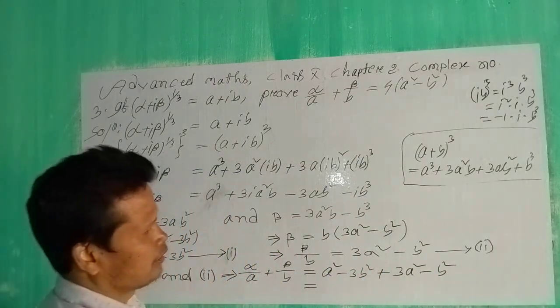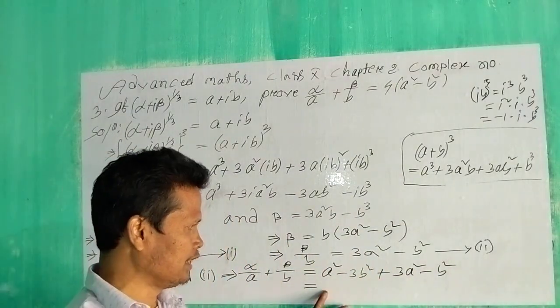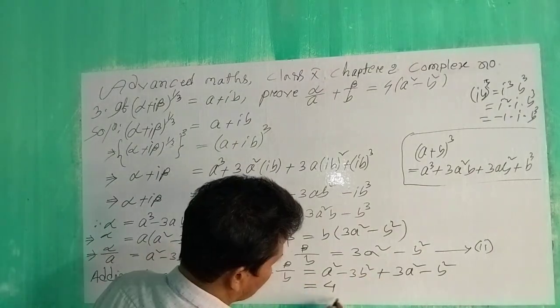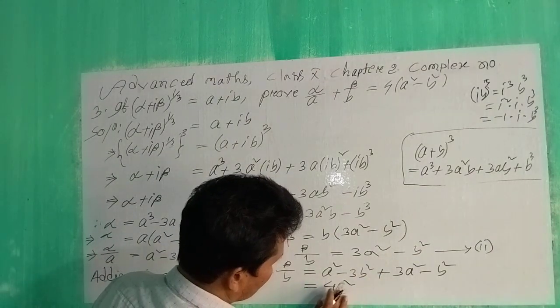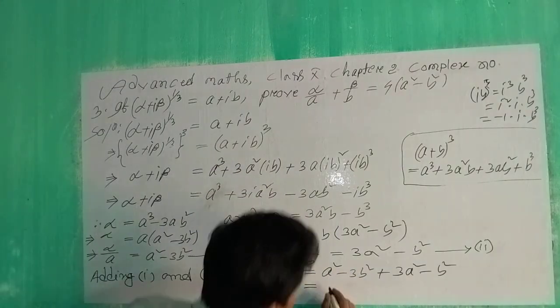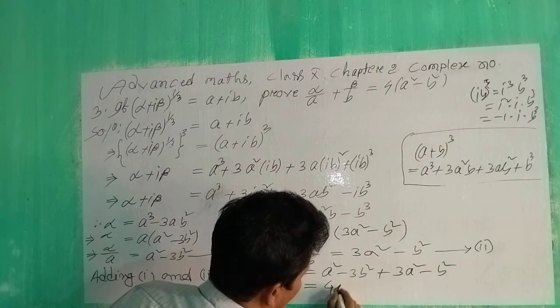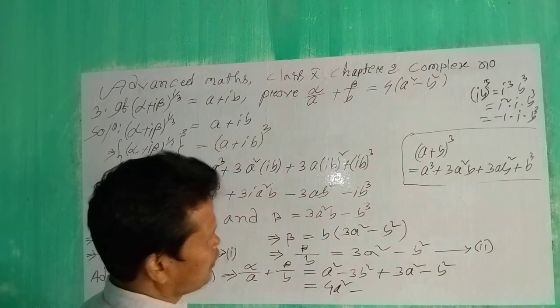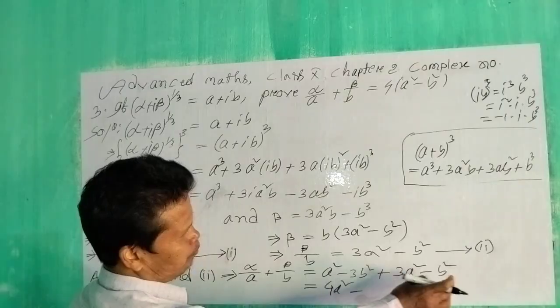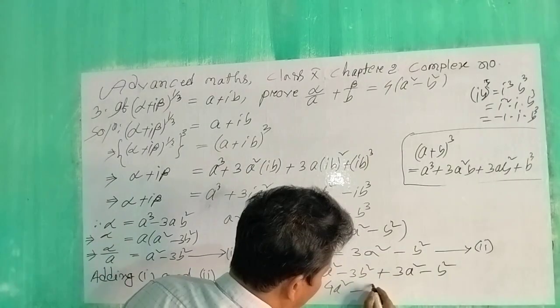Next, the like terms: a square plus 3a square, total 4a square. And minus 3b square minus b square, total minus 4b square.